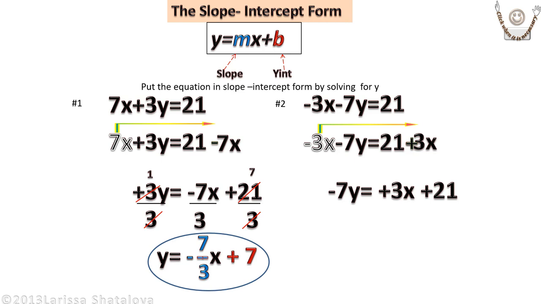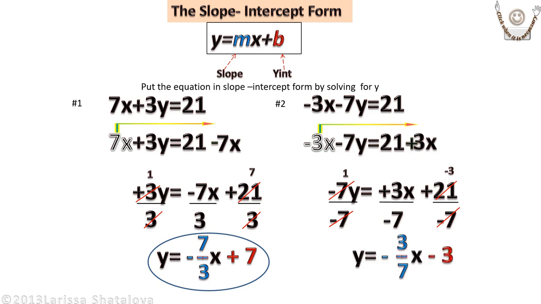We have to divide each piece on both sides by negative 7. Negative 7 divided by negative 7 would be positive 1, and 21 divided by negative 7 would be negative 3. Now we have an equation in slope-intercept form, y equal negative 3 over 7x and negative 3, where negative 3 over 7 is the slope and negative 3 is the y-intercept.